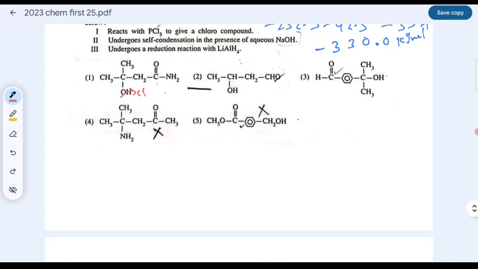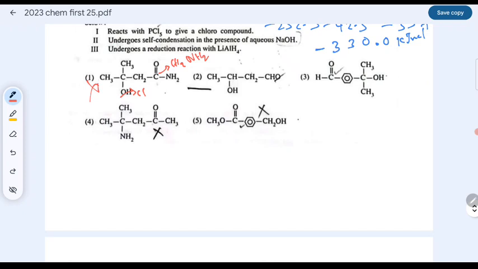Therefore, it can't be the answer. Then undergoes a reduction reaction with lithium aluminium hydride. When it undergoes a reduction reaction with lithium aluminium hydride, this becomes CH2NH2, right? But this is not the answer because it can't undergo a self-condensation reaction with aqueous sodium hydroxide.